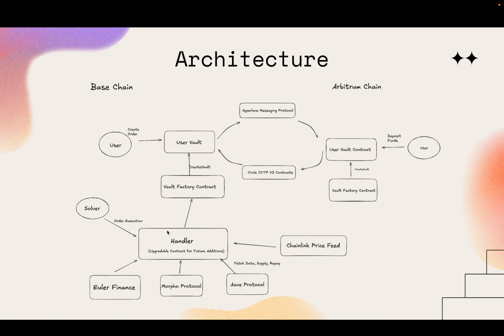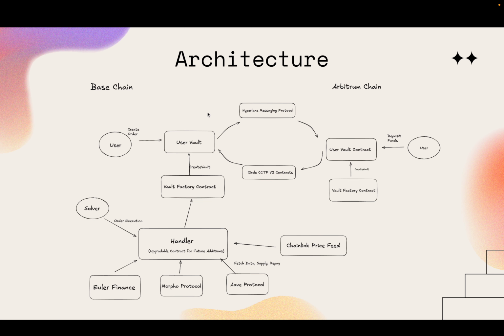And then we have a handler that takes into consideration all the calculations being done at Aave, Morpho, Euler, and we have a price feed from Chainlink if you want to do a swap when the price turns, maybe for an arbitrage or something like that. And what you do is you create an order, and we have a solver working in the back, whom you tip, and he would execute your order at a later stage.